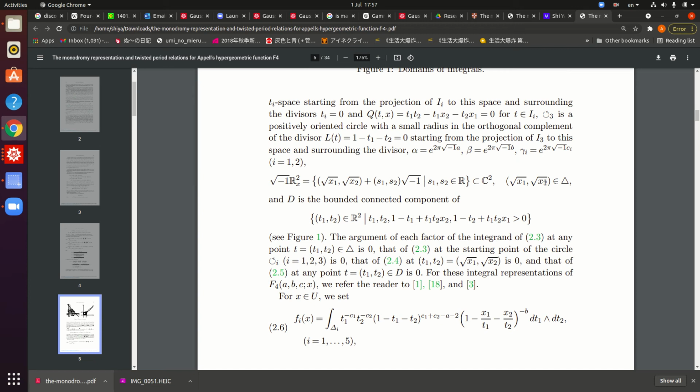Then at that point, a branch point would be generated precisely at the point where that factor vanishes.